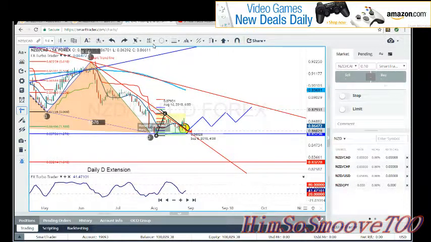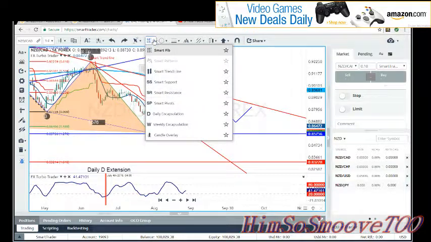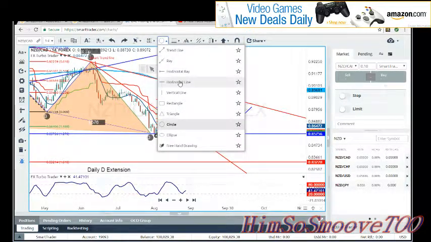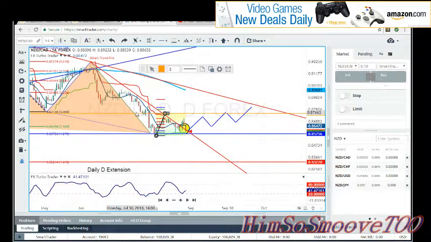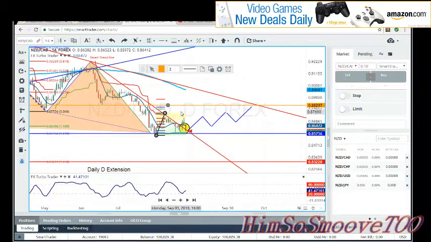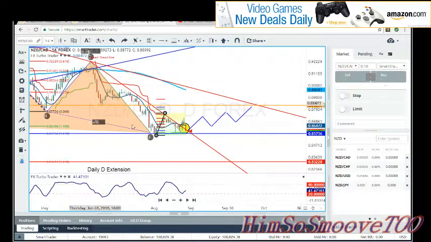And as you can see, there's also a convergence. Looks like a convergence with past support becoming future resistance. Past support here becoming future resistance here.